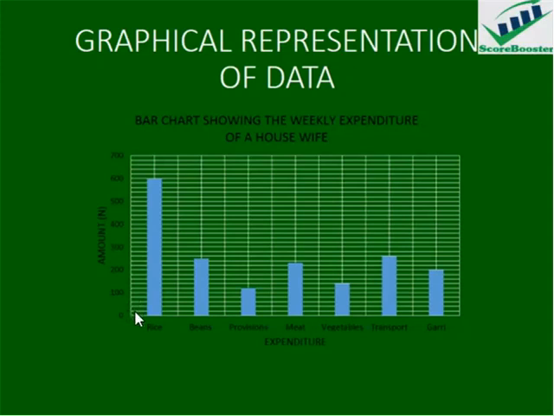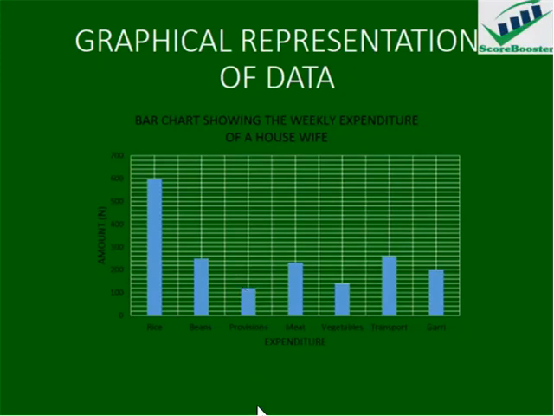So this line is 20, and in between 20 and 40 you have 30, and in between 40 and 60 you have 50. So beans is 250. You can see that this is 200, 220, 240, 260. So in between 240 and 260 we have 250. So provision is 120, which is here.